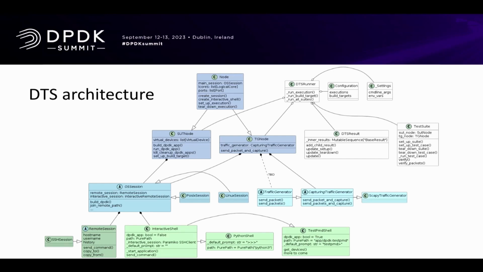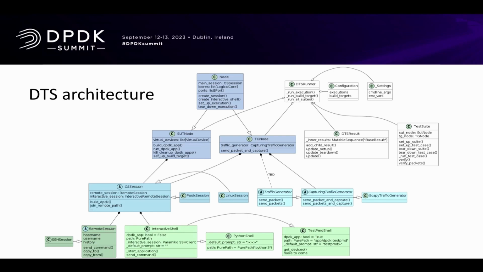It serves as an adapter between OS agnostic method calls from a node and actual OS specific commands that are sent to the node. We currently just support Linux. There's incomplete support for POSIX, and it's straightforward to add support for other operating systems such as Windows.